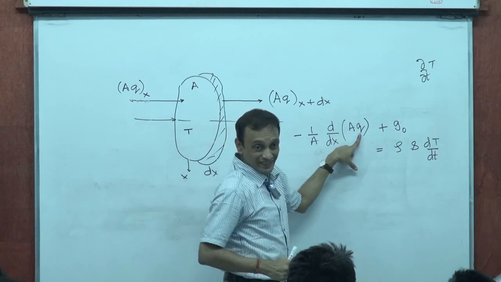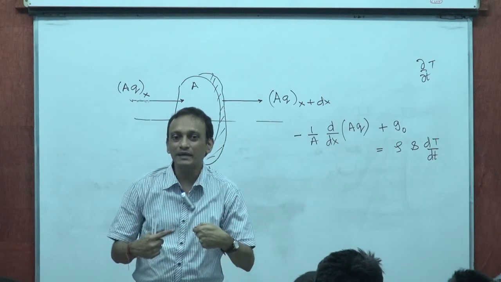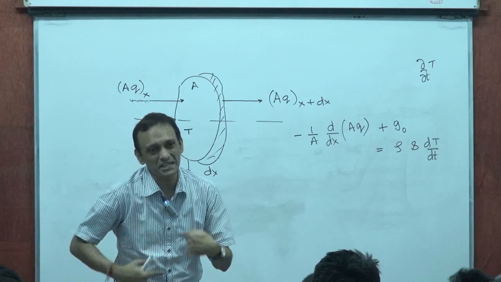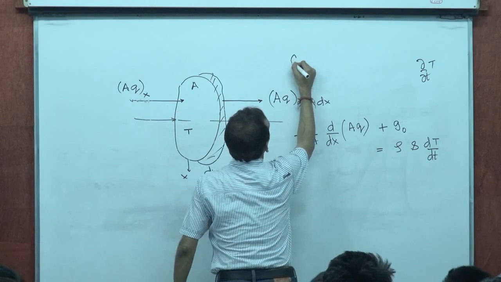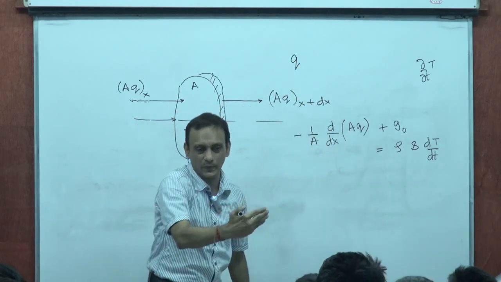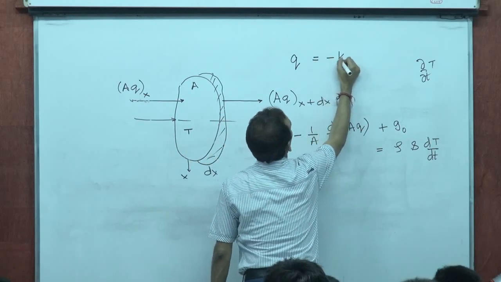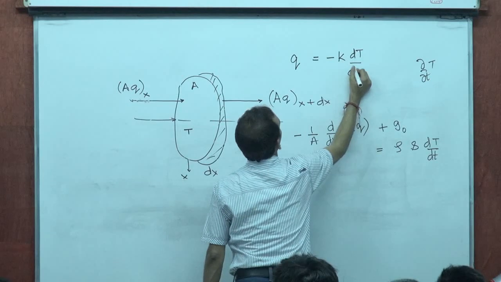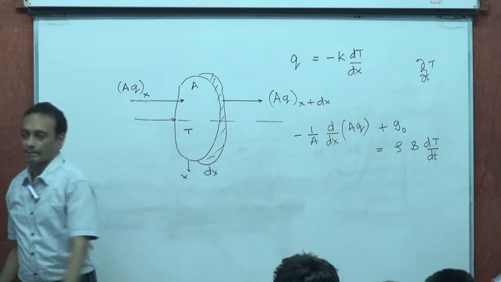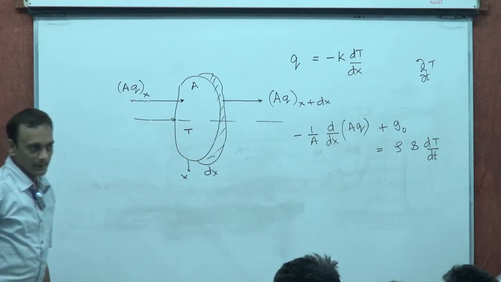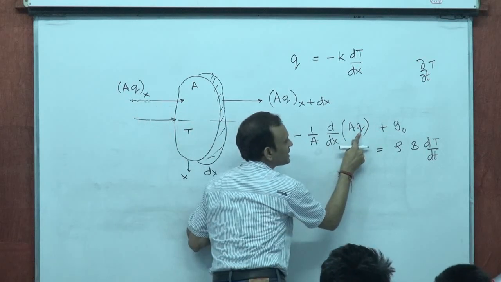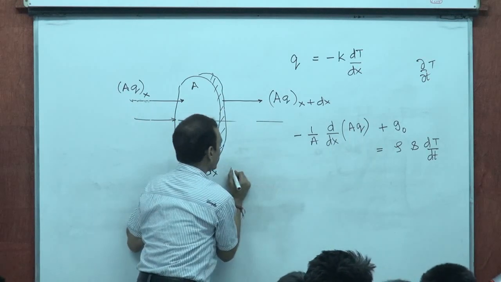This Q, the heat flux at any given x, can be written as minus K dT/dx. Didn't I tell you? The heat flux, in watts per meter squared, at any given x can be written as minus K dT/dx. So I write this as K times minus dT/dx.